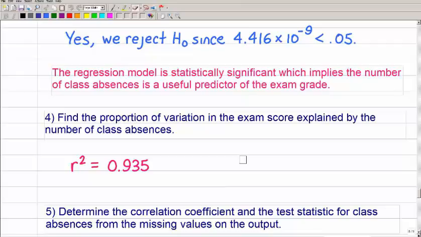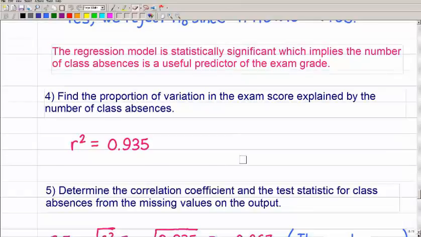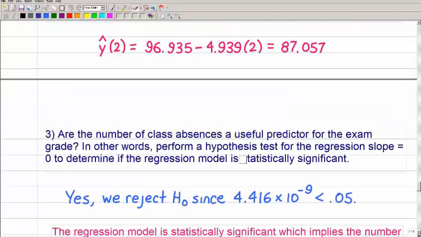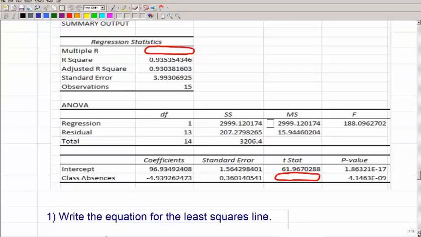Determine the correlation coefficient. Now, this is where I wanted you to use the idea of R squared. So what we'll do to get the multiple R is take either the positive or negative square root of 0.935. You'll see the calculation here in a minute. It's the square root of that number, either plus or minus.